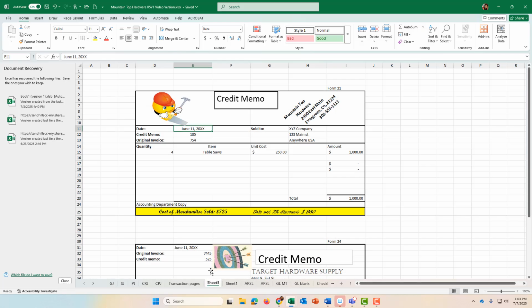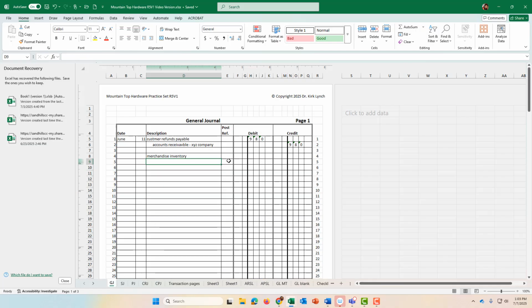And if we look at this transaction, it's this $725 that we're putting back into our inventory. So we're going to go here and put $725. And then finally, estimated returns inventory as our credit, and $725.